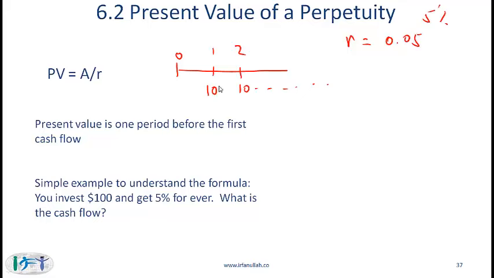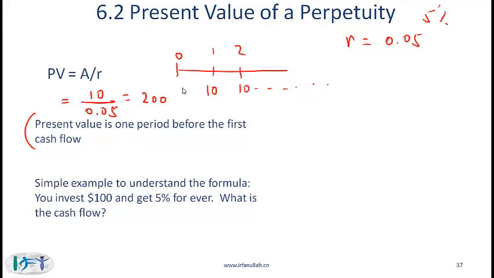The present value of this cash flow is simply given by the amount, which is 10, divided by the discount rate, which is 0.05. So the answer here is 10 over 0.05, which is 200.